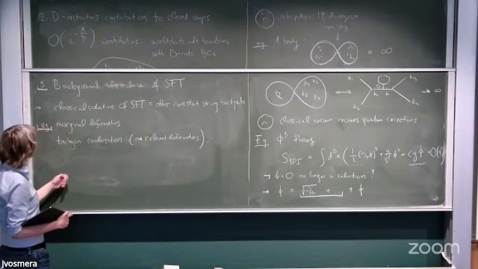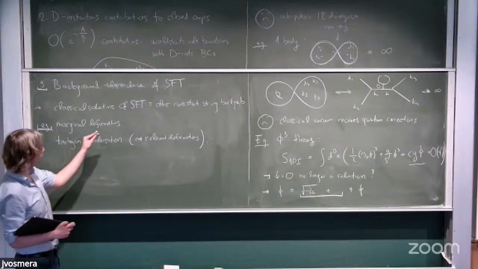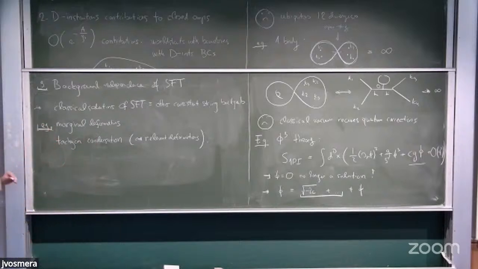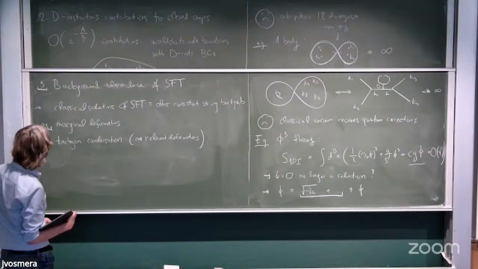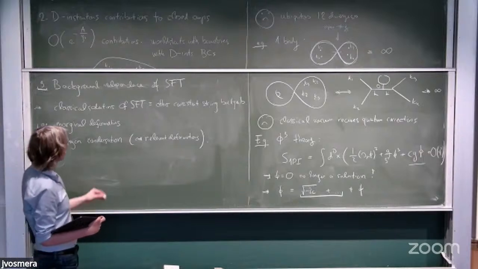Although these backgrounds may not have a worldsheet description themselves, they can be obtained as classical solutions of a string field theory formulated around a background which does have a worldsheet description, right?